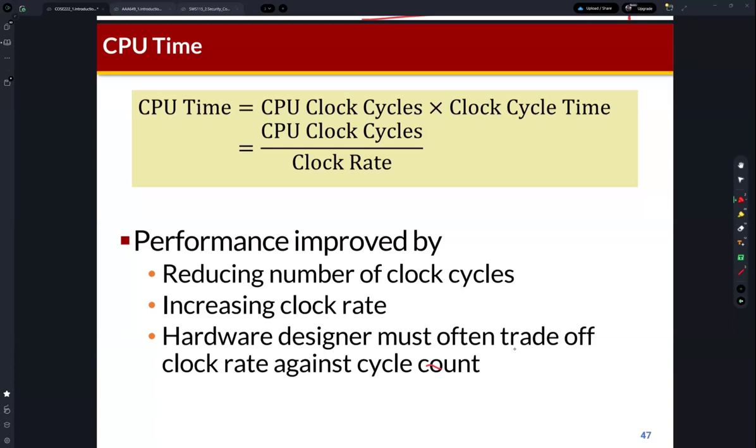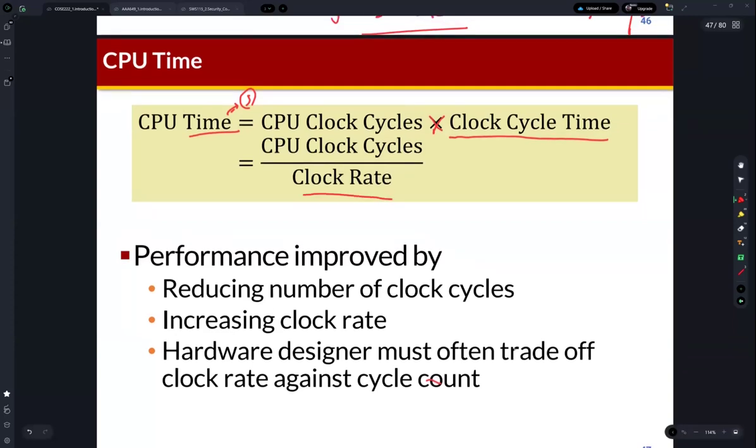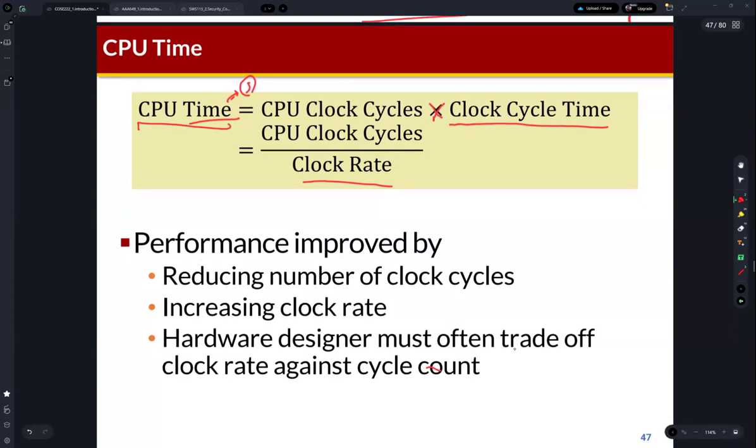We can just measure the number of clock cycles for running a certain application, multiplied by the clock period. Clock cycle time is the clock period. Then we can measure the CPU time. The unit is second. Then we can say that the number of clock cycles is divided by clock rate. This is the CPU time.